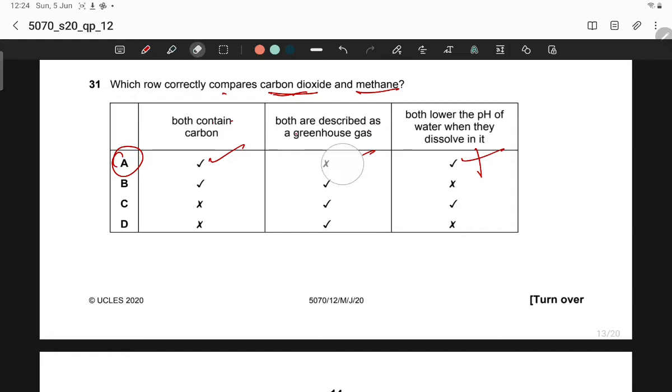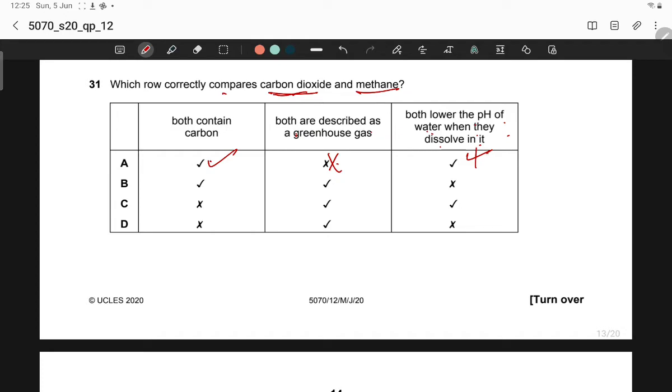So this is not the case. Question: both contain carbon is correct. Both are described as a greenhouse gas, not correct. Both lower the pH of water when they dissolve in it. This is not correct.